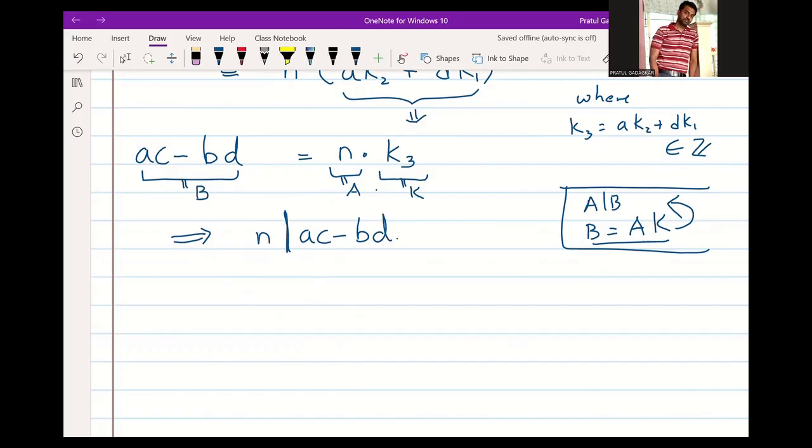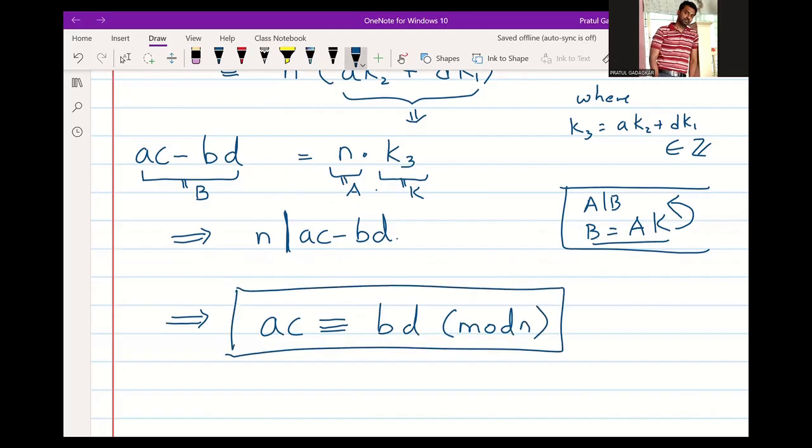If n divides AC minus BD, then AC is congruent to BD modulo n, and this is exactly what we wanted to prove.